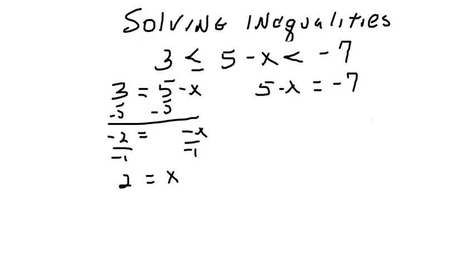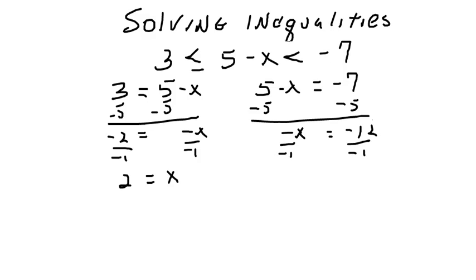And on the other side, subtracting 5, we see that negative x is minus 12, and dividing by the negative 1, we see that our other critical point in this compound inequality is x is 12.